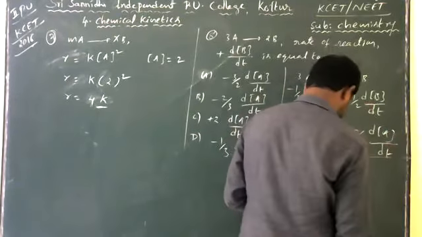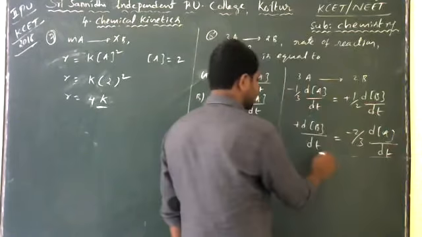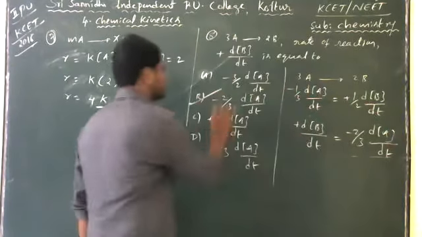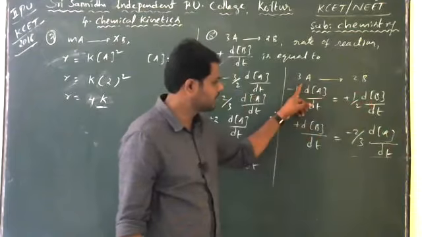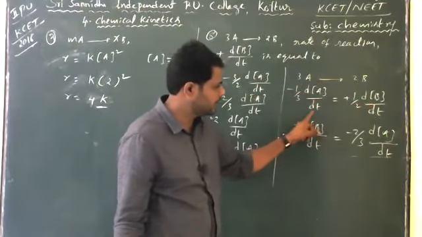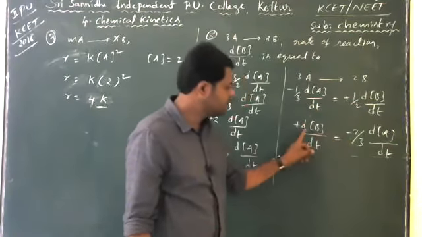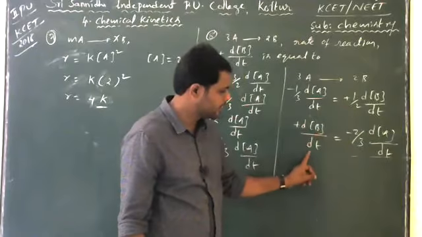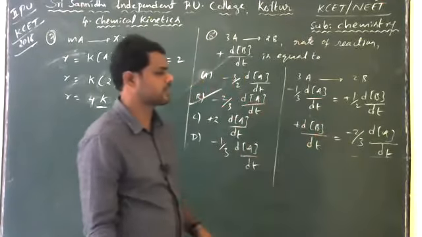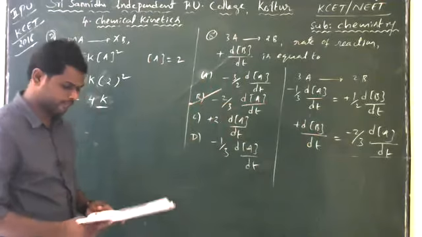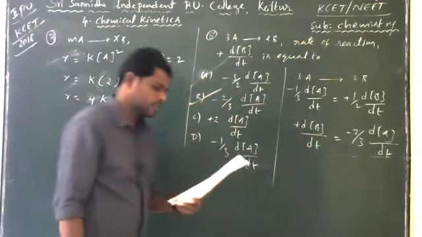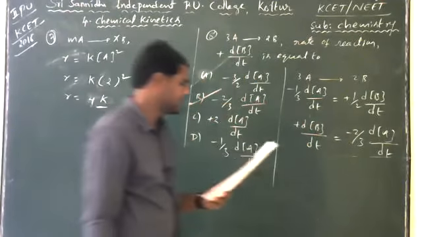That means minus 2 by 3 dA divided by dt is equal to plus d concentration of B divided by dt. This is the answer, so option B is the answer. Next, question number 9.